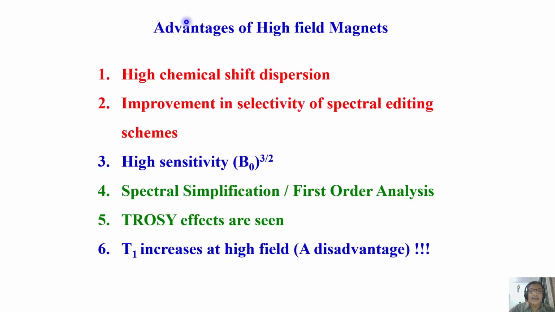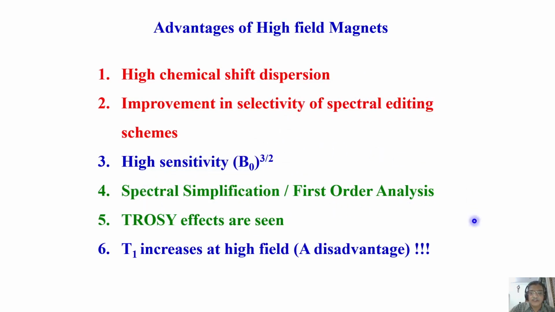And of course, if you have high field spectrometers, NMR spectrometer has a lot of advantages. We have high chemical shift dispersion, improved selectivity in the spectral editing scheme. Sensitivity goes up by B0 to the power of 3 by 2. Remember, higher the magnetic field, higher the sensitivity. Spectral simplification is possible.